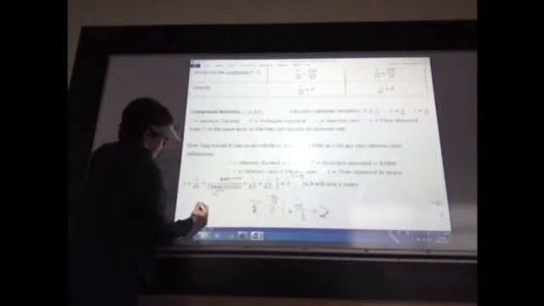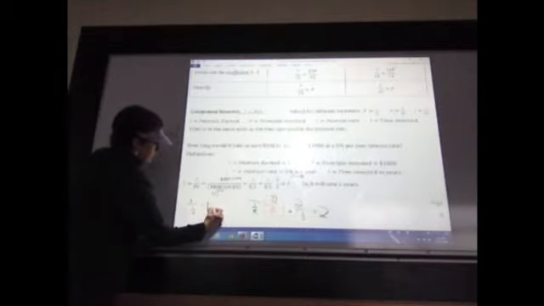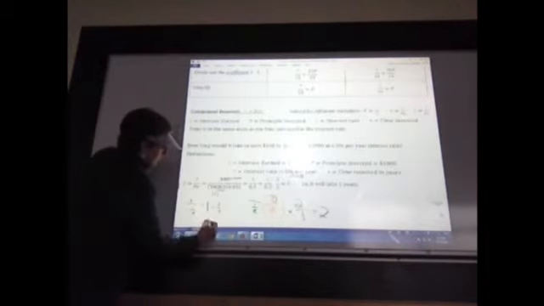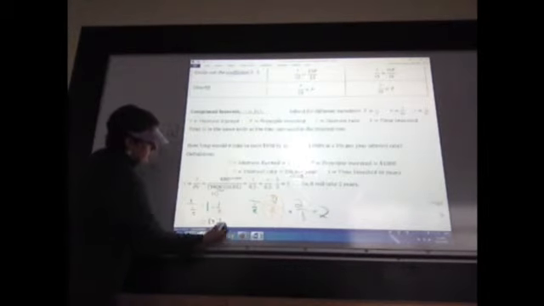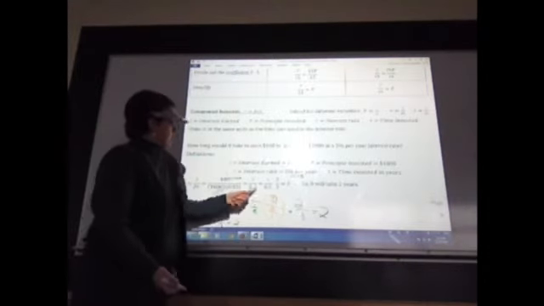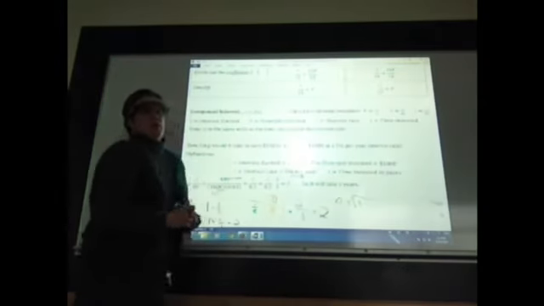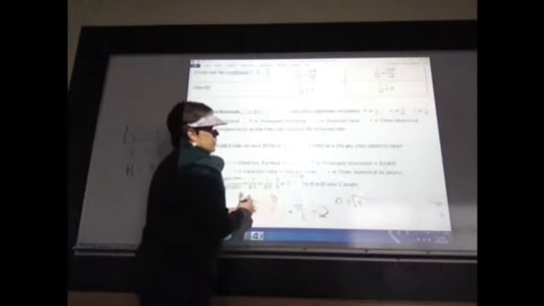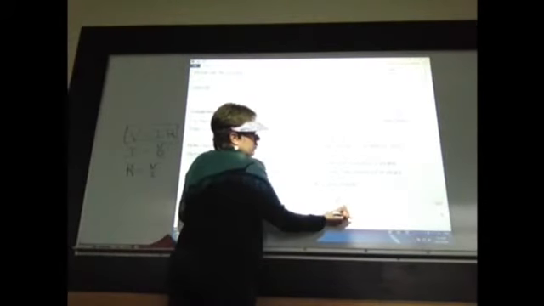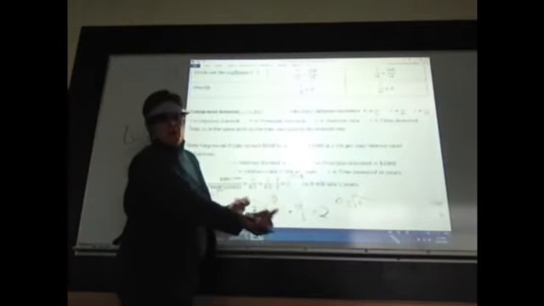Or I could have looked at it as 1 divided by 1/2. But division by a fraction is multiplication by its reciprocal, and that's simply 2. Or I could have said 1 divided by 0.5. We know if we're dividing by a decimal, I'm going to move the decimal one place over so I'm not dividing by a decimal anymore.